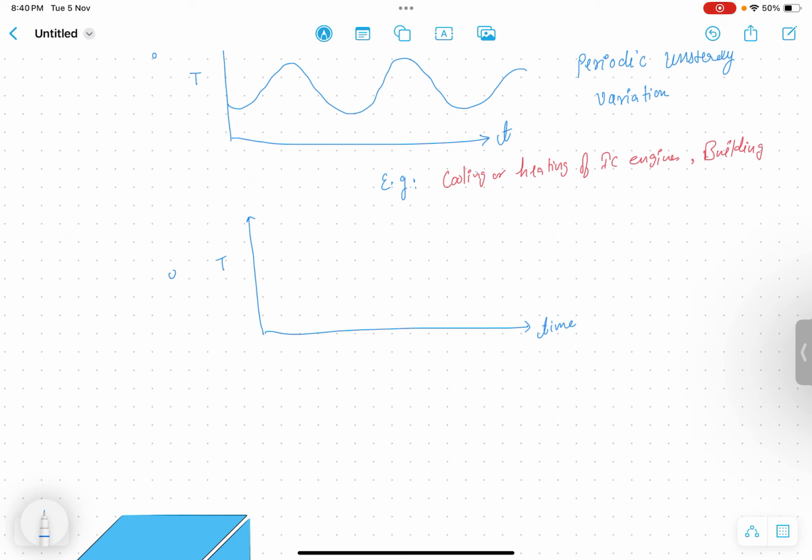And if the temperature variation is like that or like that, if it is constantly decreasing or constantly increasing, then it is called non-periodic unsteady variation.